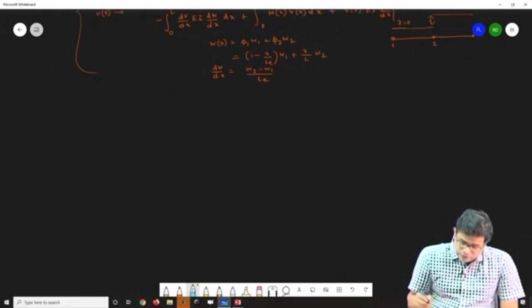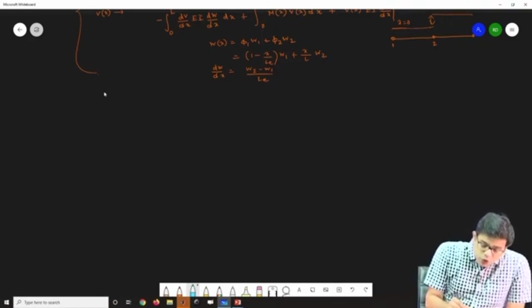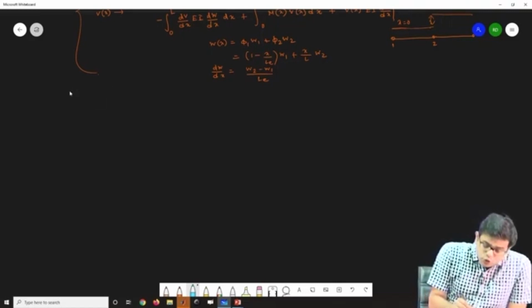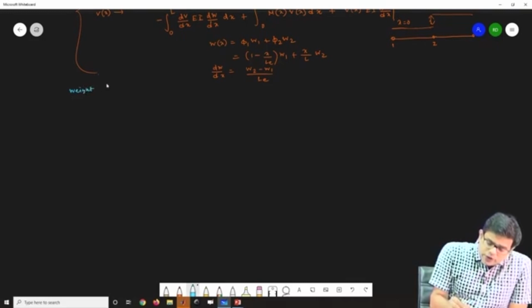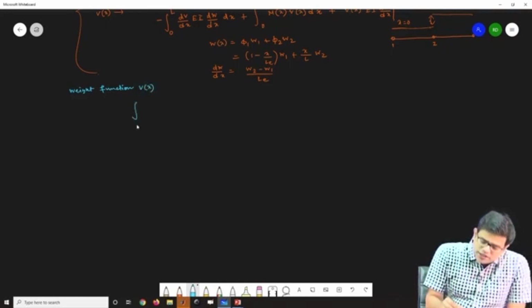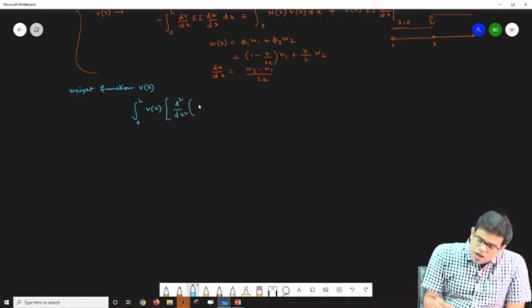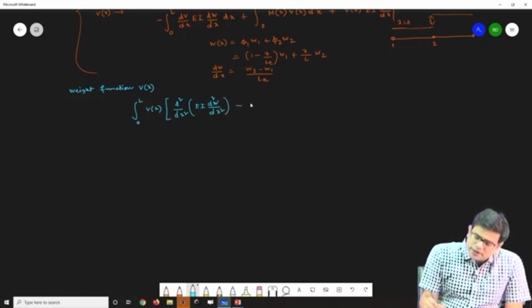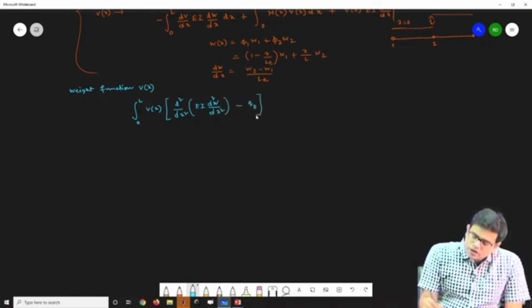So the integral statement, obviously if I choose the weight function v(x), then the weighted integral statement is integral 0 to L v(x) into d2/dx2 of EI d2w/dx2 minus q0 dx.